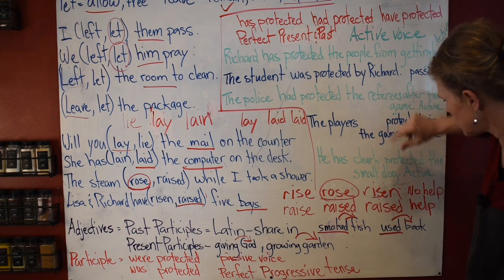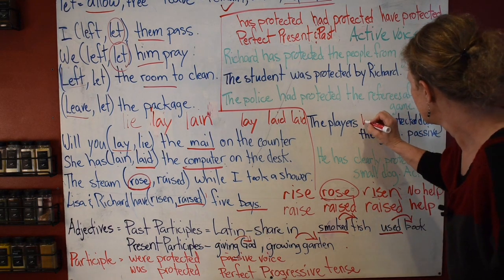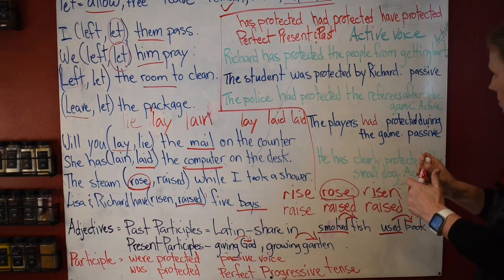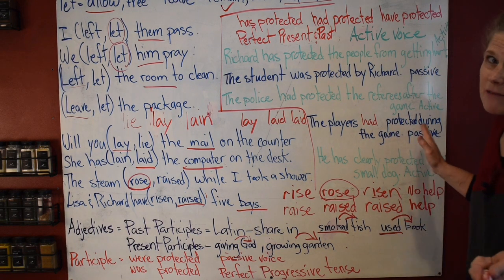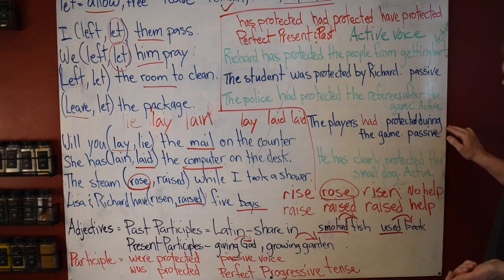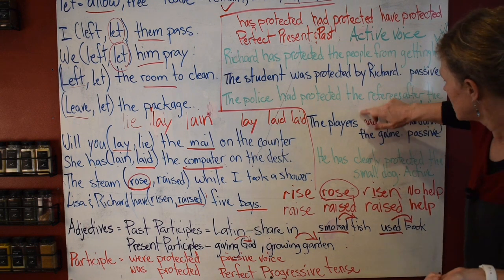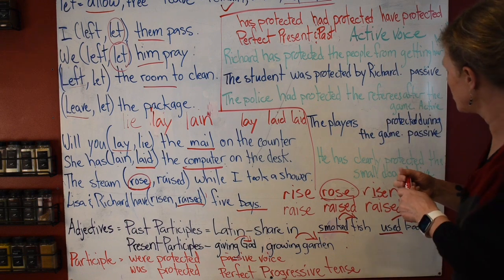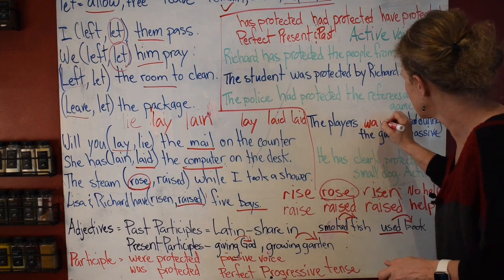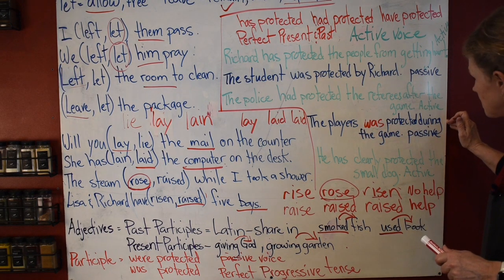The players had protected during the game. You'd have to change a little more up there. The players had protected who? The police during the game? That wouldn't even make sense. So you need to make sure you're putting the correct auxiliary verb there and it's saying what you want it to be saying.